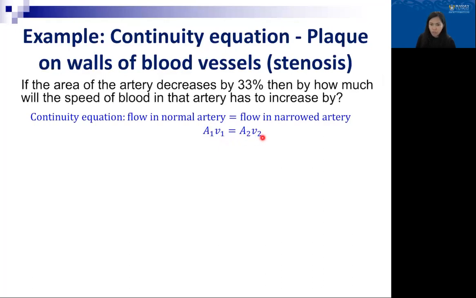The subscripts 2 refer to the narrowed artery. Okay, so we have to figure out how much the new area is relative to the original area. What the problem just tells us is A2 is 33% smaller compared to A1.